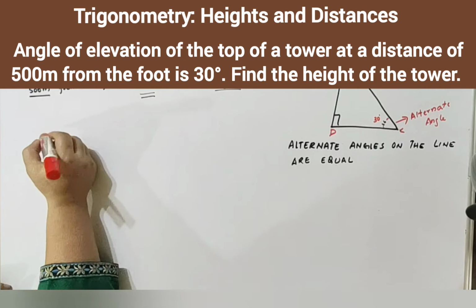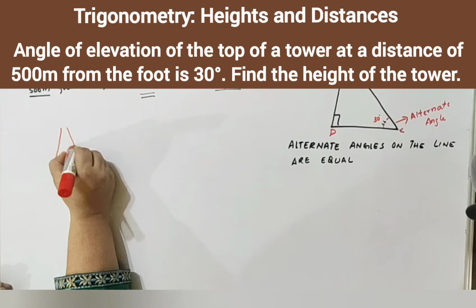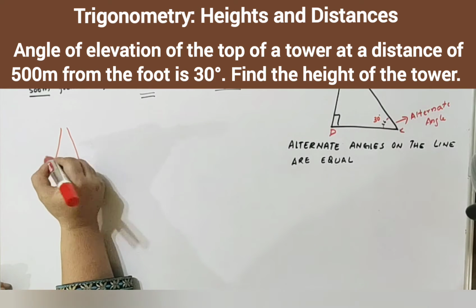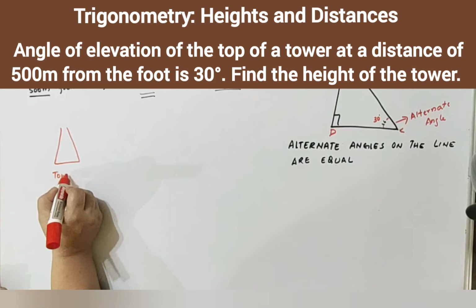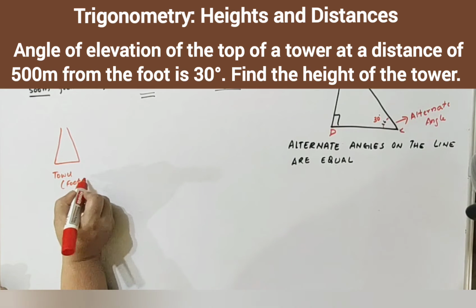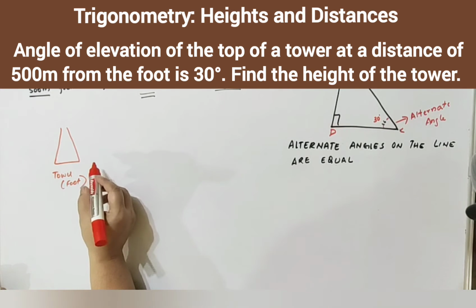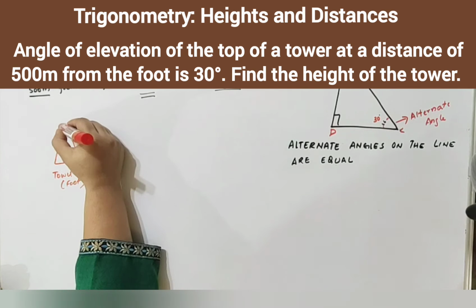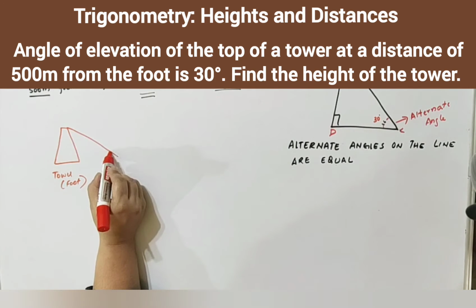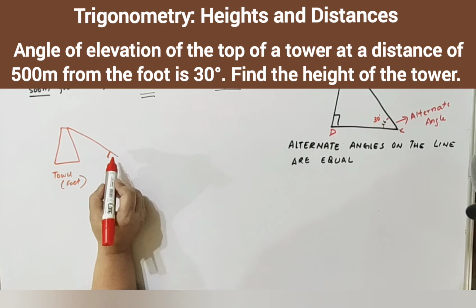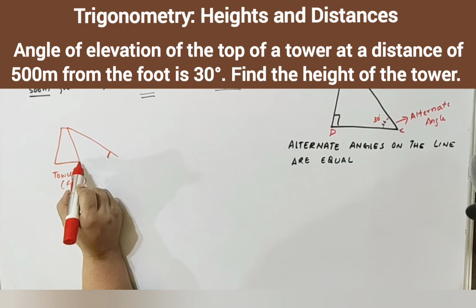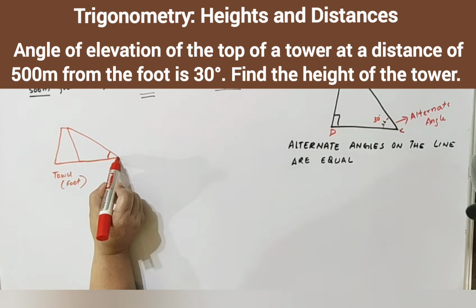So in this case, we have a tower. So this is the tower, right? This is the base of the tower or the foot of the tower. And then we have the angle of elevation from the top of the tower, right? And this angle of elevation is at a line which is joining the foot of the tower.